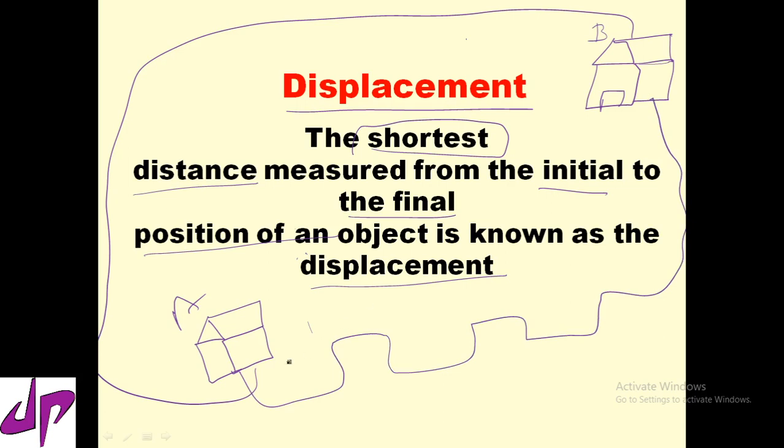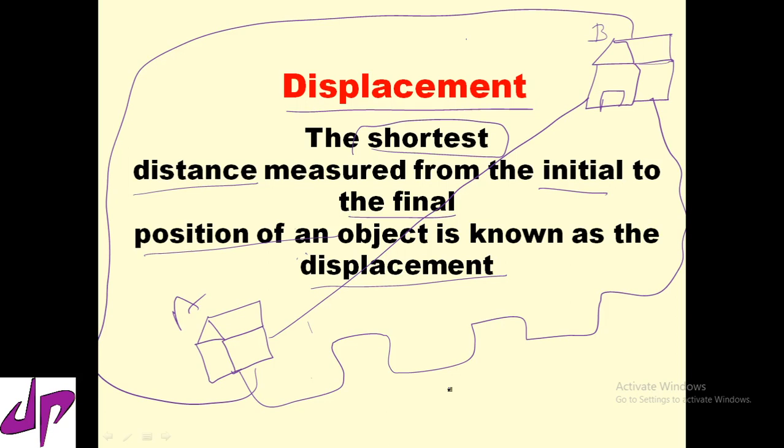Or you can take a straight line from here directly to your friend's house B. Now this is known as displacement. The shortest distance between your house and your friend's house is known as displacement.